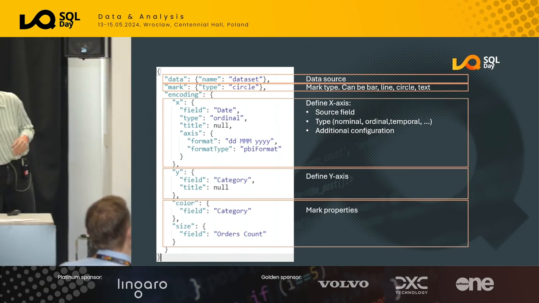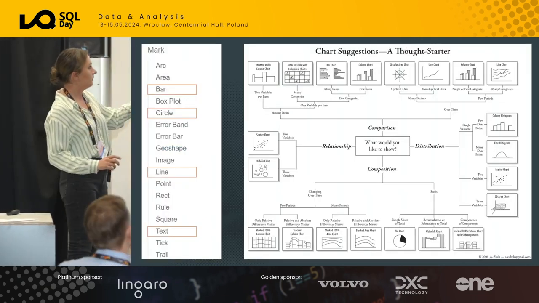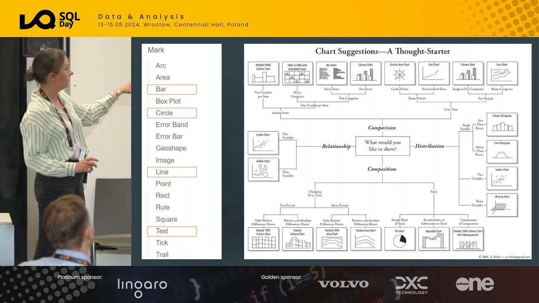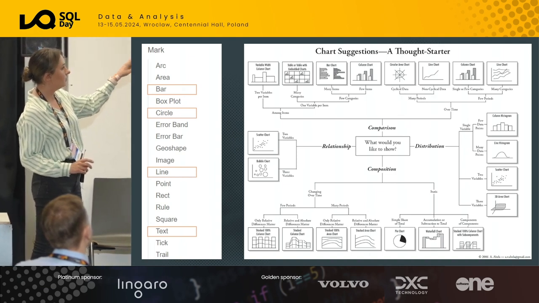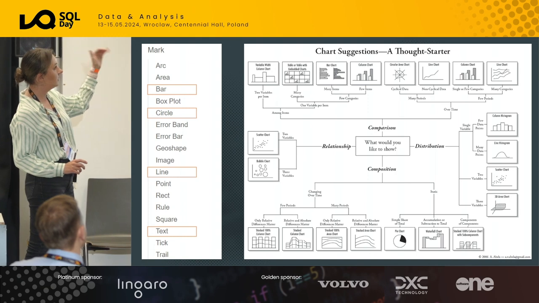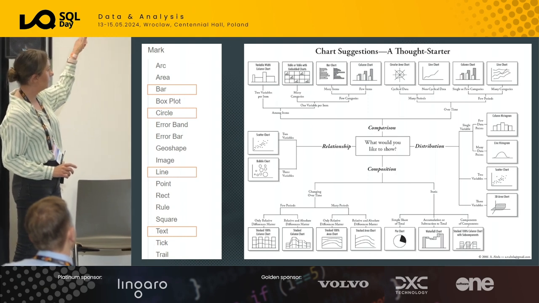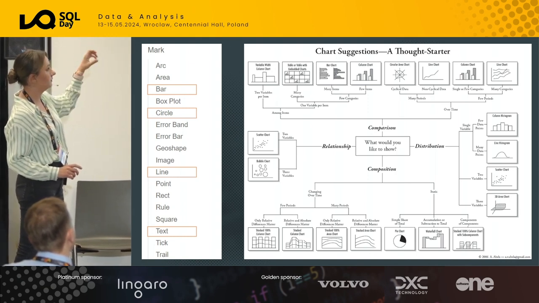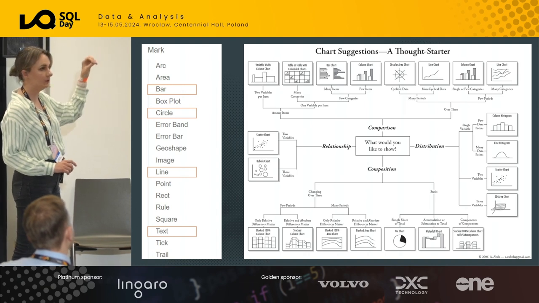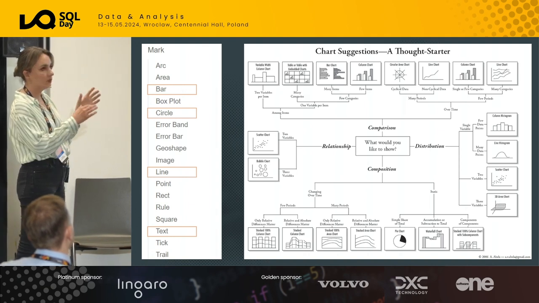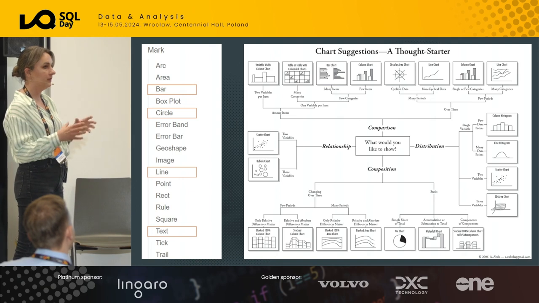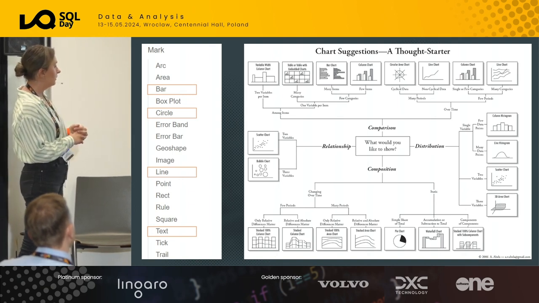And if we look at this diagram with the charts selection, you can see that they all look like that. So we have some axes, we have either bars, or circles, which is our scatter plot example, or lines, or the combination. So we may combine two or more marks.